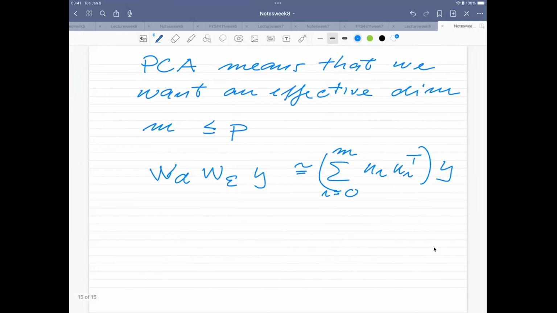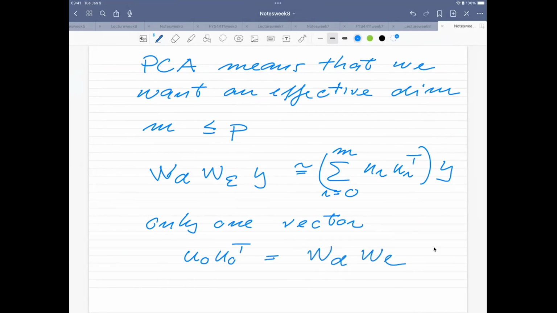So essentially, what we are going to do now, suppose we have only one vector, and then we are going to call this U0 U0 transpose. That means that this is going to be equal to this quantity.